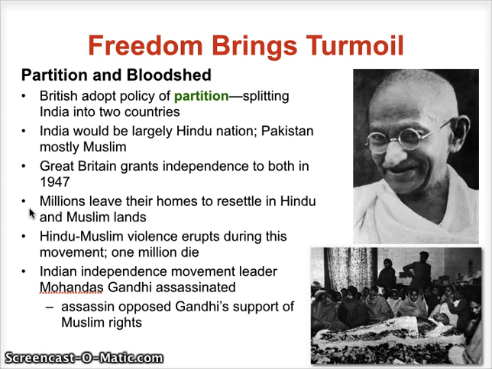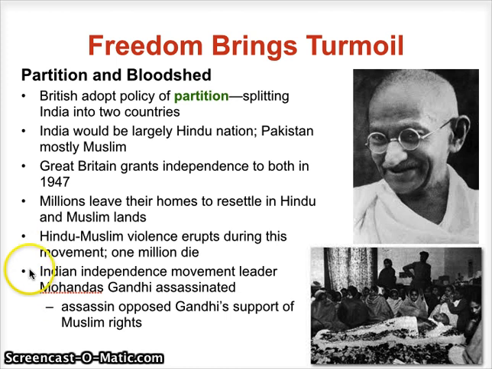So we see millions of people being resettled into either the Hindu area or the Muslim area, and as a result there is a lot of violence erupting during this resettlement. Over 1 million people die during this time. Again, the Hindus and Muslims don't get along, and so while they're resettling, there's a lot of rioting and fighting going on.